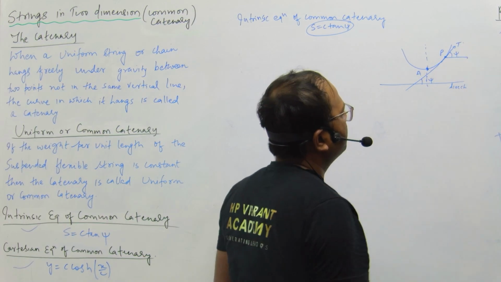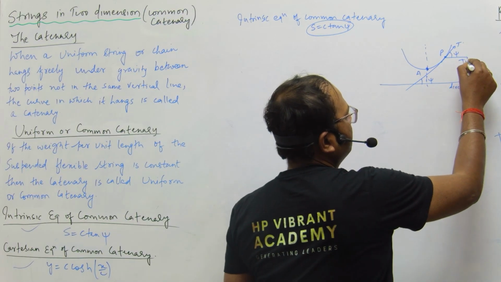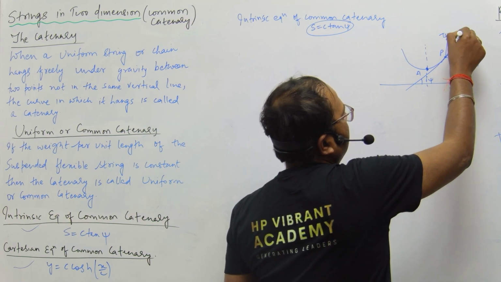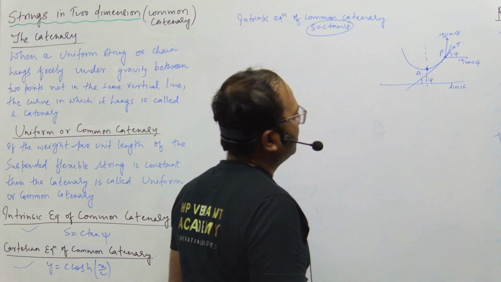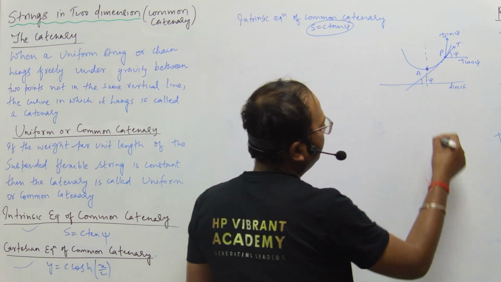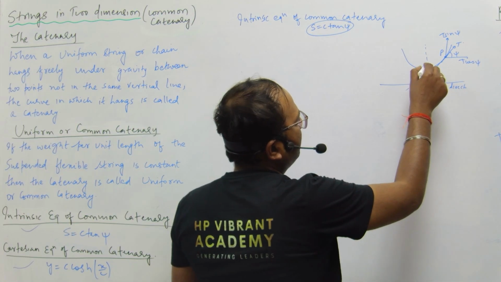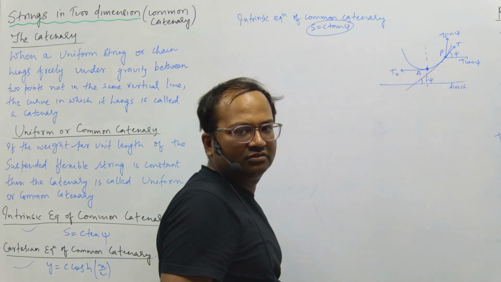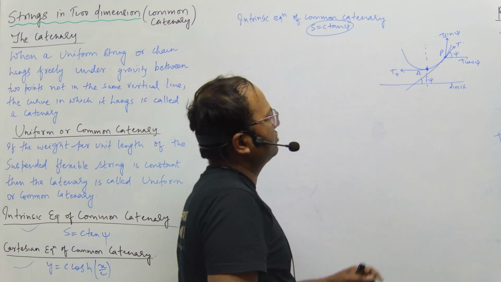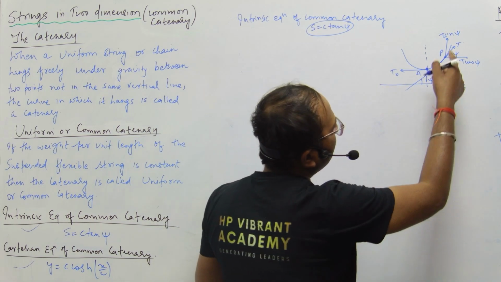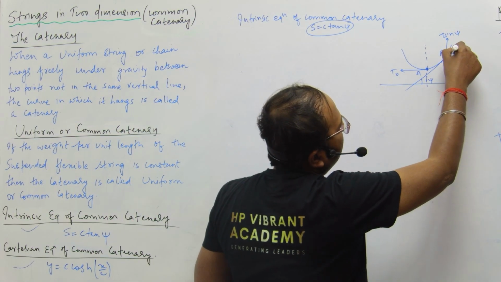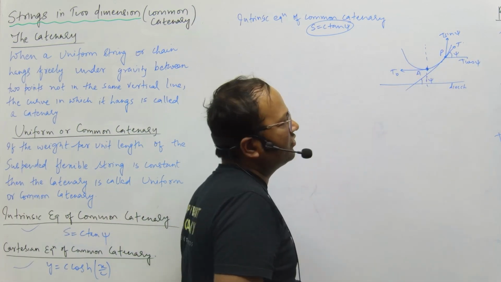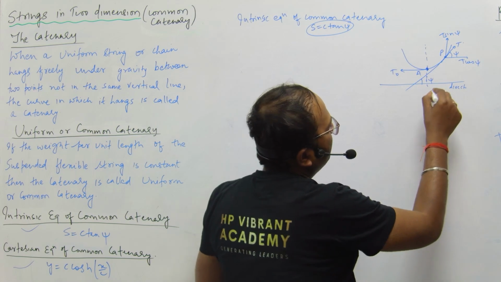Let us resolve this tension T. So this is T cos psi, and in the vertical direction this is T sin psi. At the lowest point, the tension is in this particular direction, that is T naught. Obviously this angle psi will be equal to the slope of the curve.